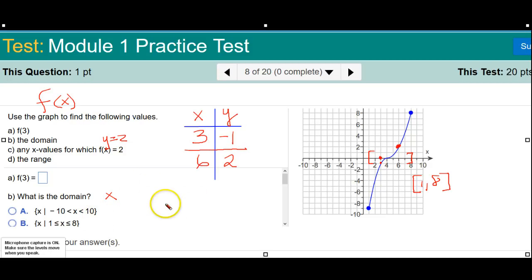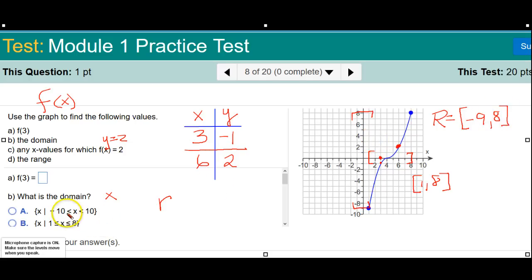Now for the range, which are your y values, it starts here at -9. Again, reflecting this line over to the y-axis and going up to 8. So the range in interval notation will be -9, 8 bracket.